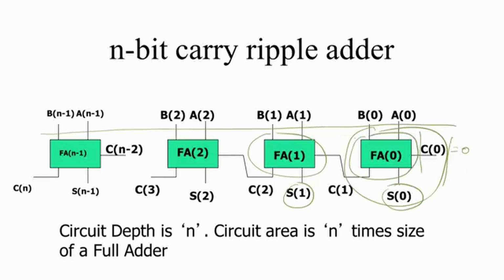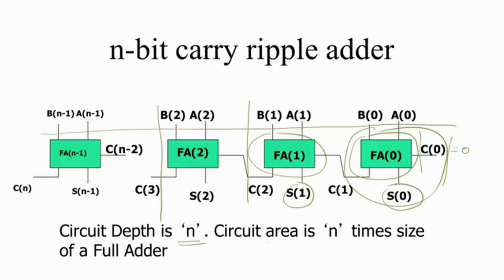Now you remove all the elements of full adder 0, then only full adder 1 will become free, because there is a carry line coming into it. Then when I remove the elements of full adder 1, full adder 2 will come up and so on. So the depth of this circuit is n. If you do a topological sorting, we will see that it is n or some constant times n.